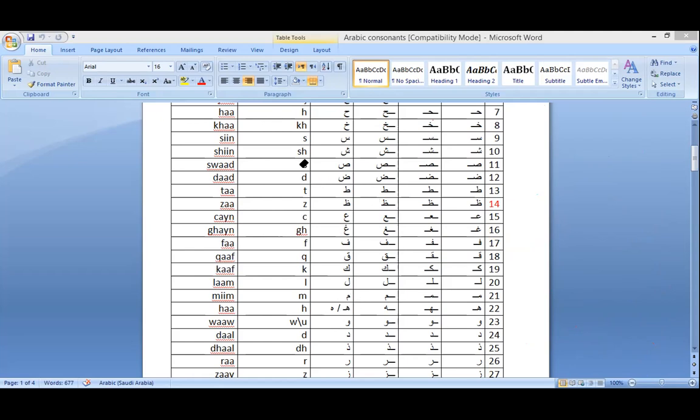The other one is Mim and Ha, or sometimes you just write it this way. Remember, we said the majority of the letters are either turned up or down, but one or a few of them are just left unturned.